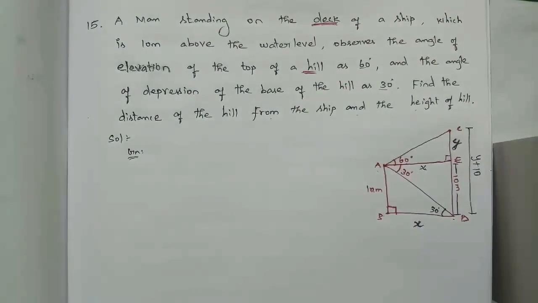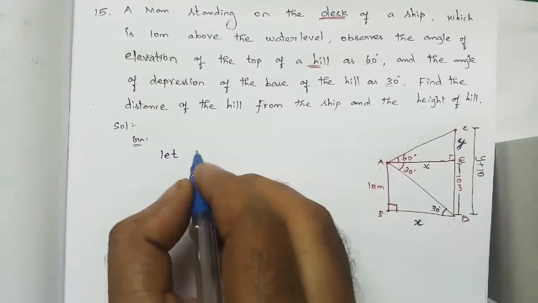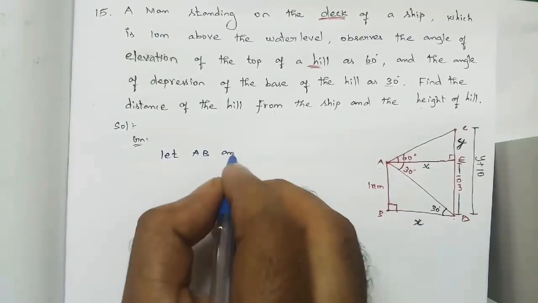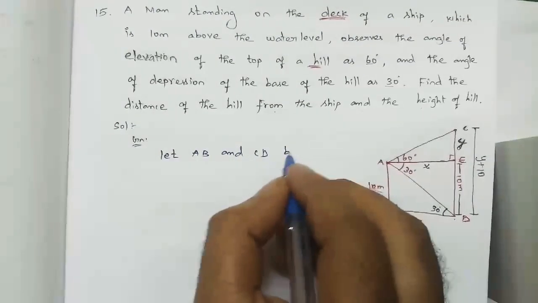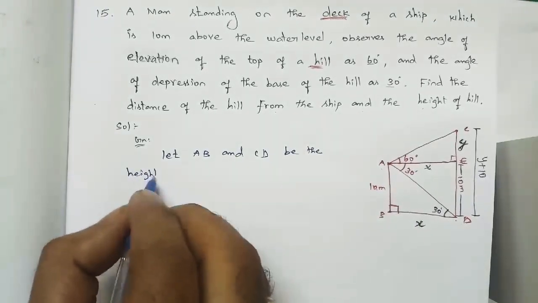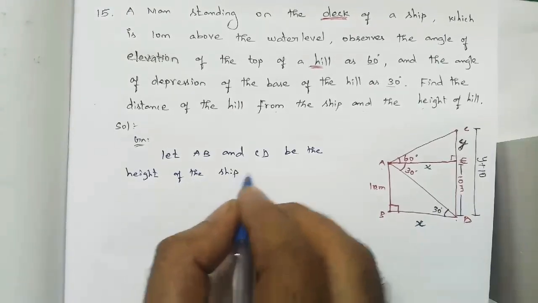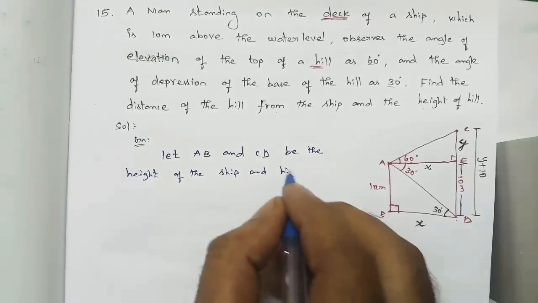So first we will write the given. Let AB and CD be the heights of the ship and hill, right?